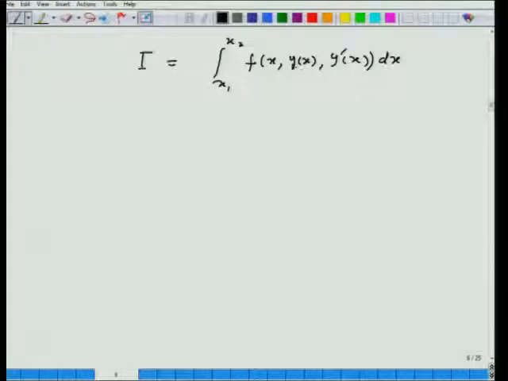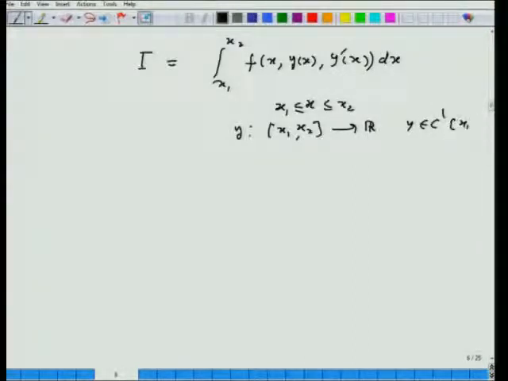Of course x is an independent variable which is varying, lying between x1 and x2, and y is a function from x1 to x2 into R, such that y is C1 on x1 to x2, so that y prime will also be a function from x1 to x2 and it will be continuous.